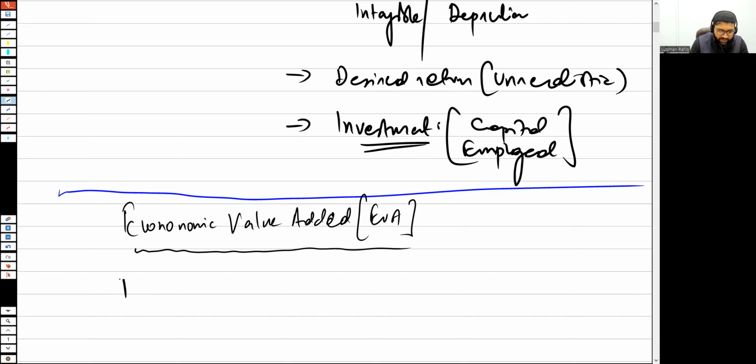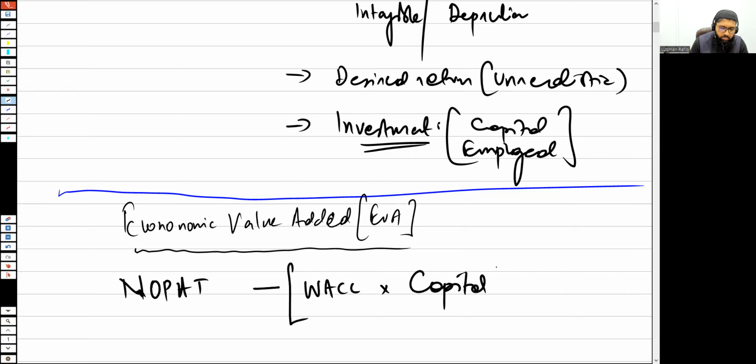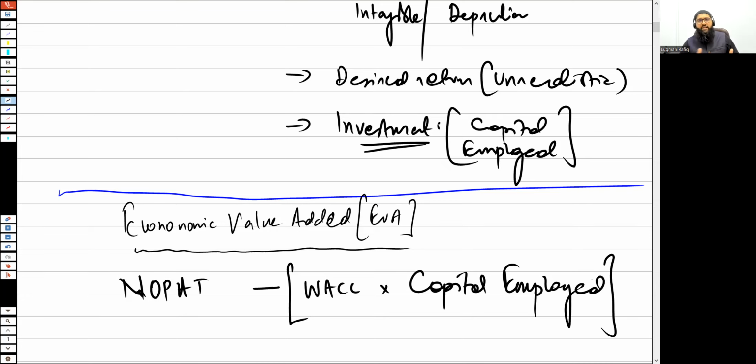The formula for the EVA is NOPAT minus WACC into capital employed. I repeat, the formula for economic value added is NOPAT minus WACC into capital employed.